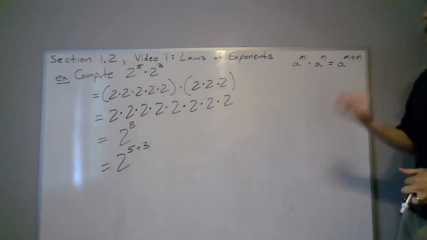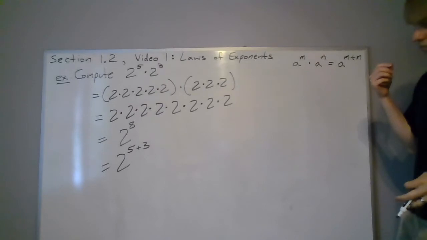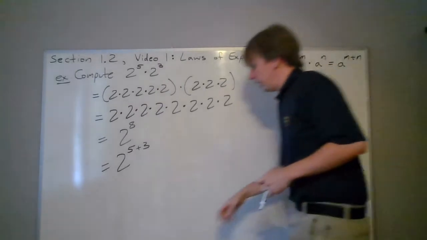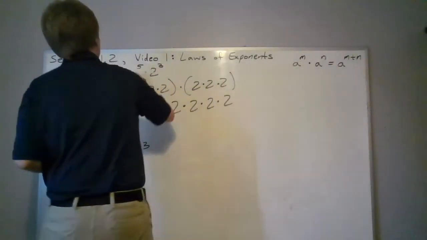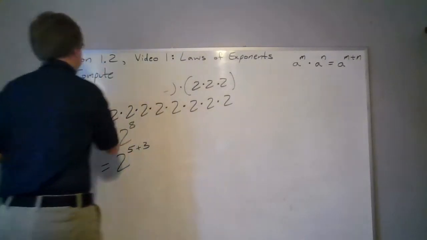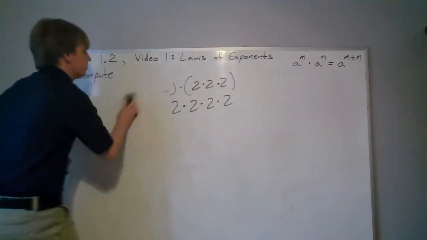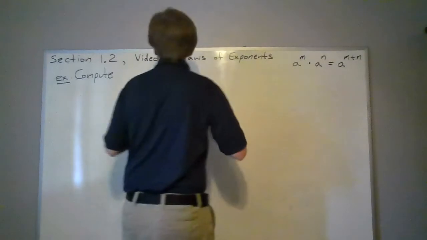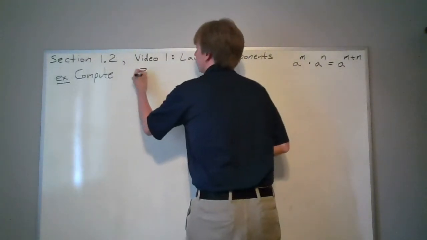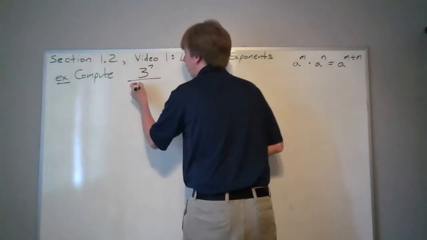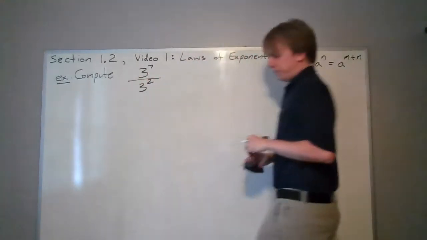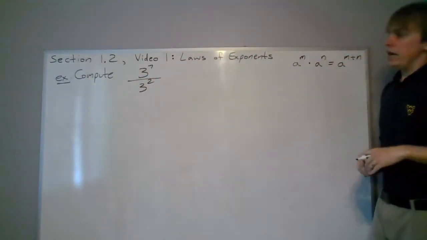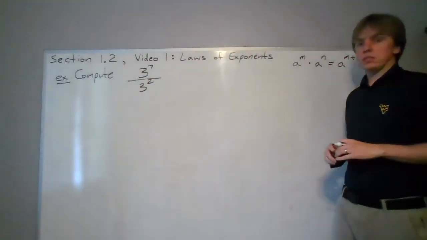Okay, well, let's try another example. Let's look at a quotient. What if I had 3 to the 7th power divided by 3 squared? And suppose I wanted to try and figure out what that's going to be.